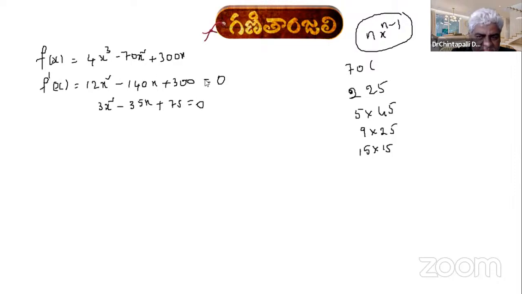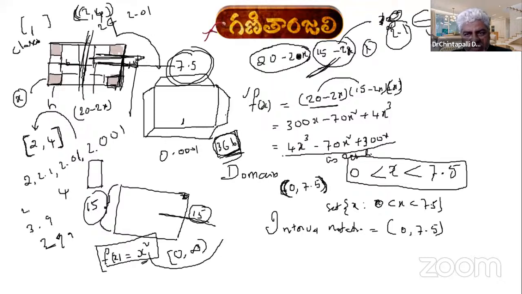Is this equation correct? Let's check. 20 into 15 is 300x. 20 into minus 2x is minus 40x, minus 30x, so 40 plus 30 is 70x square. Next, minus 2x into minus 2x is plus 4x square.